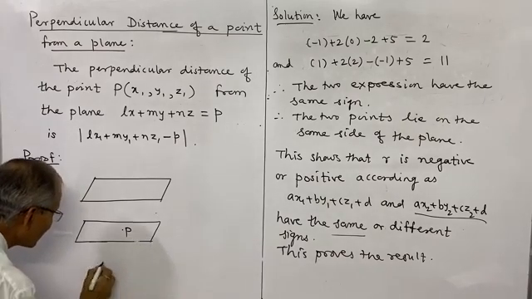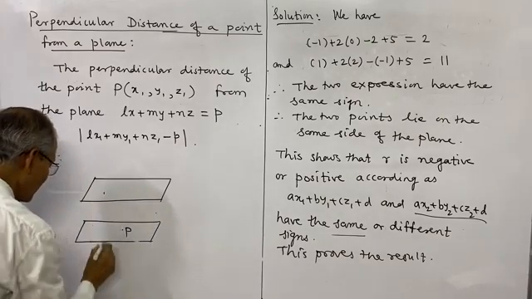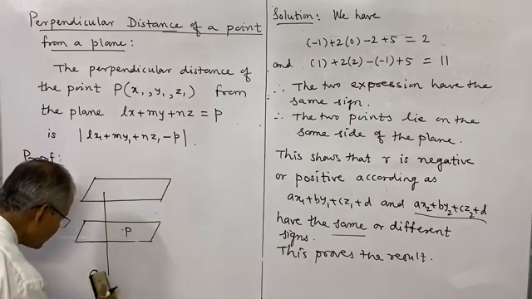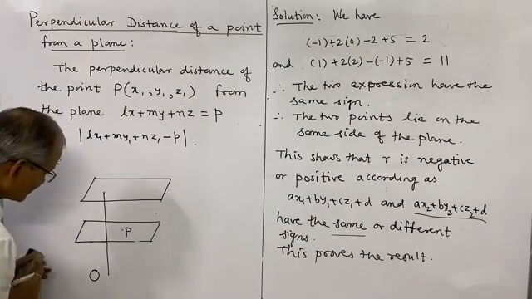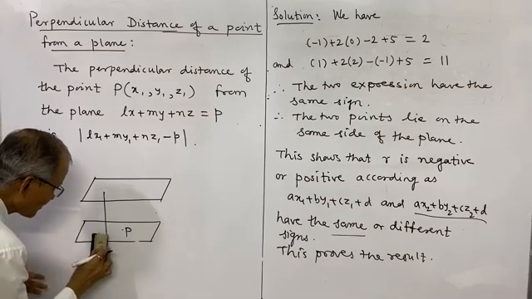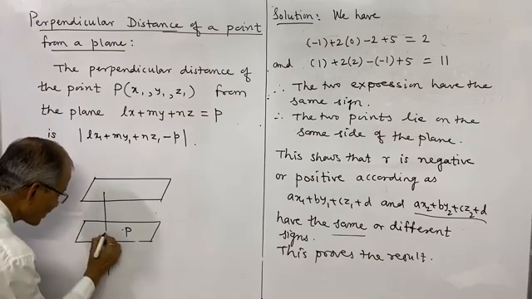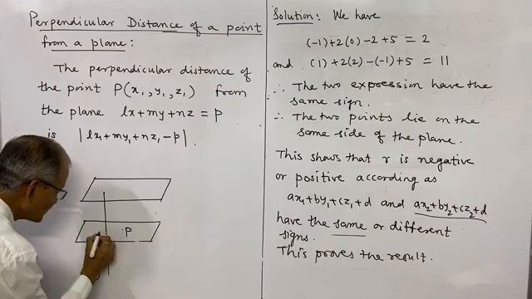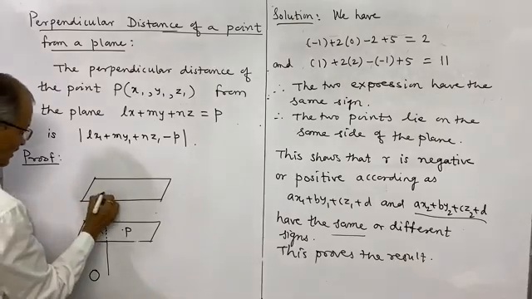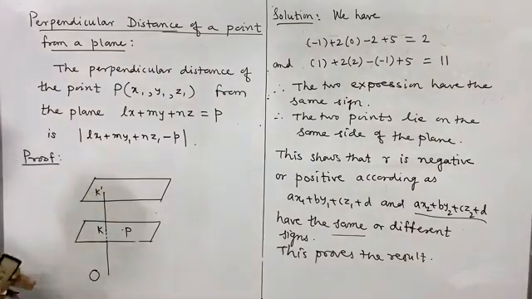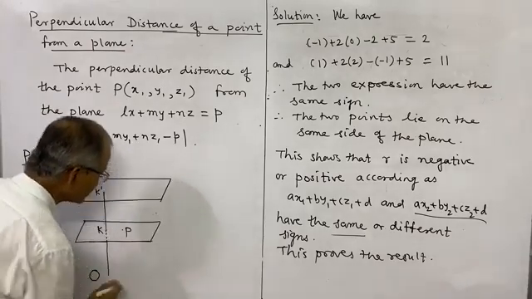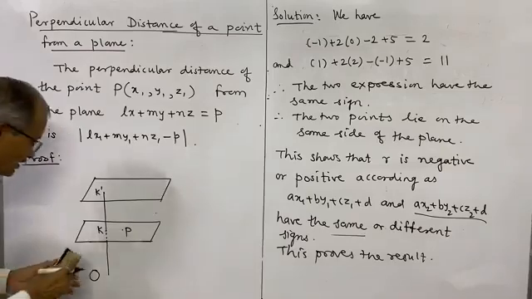This point we suppose is K, and this point K dash, and OKK dash is the perpendicular from the origin to the planes.